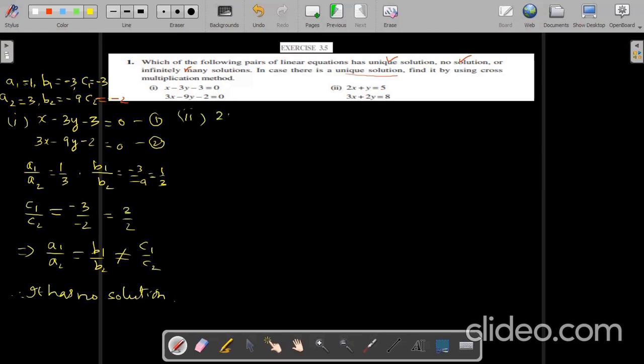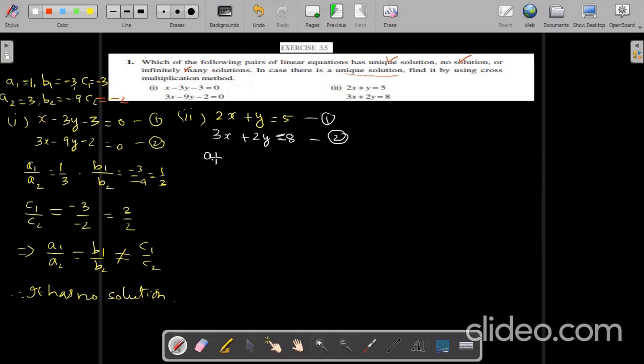we check again 2x plus y is equal to 5 and 3x plus 2y is equal to 8. This is equation number 1 and this is equation number 2.